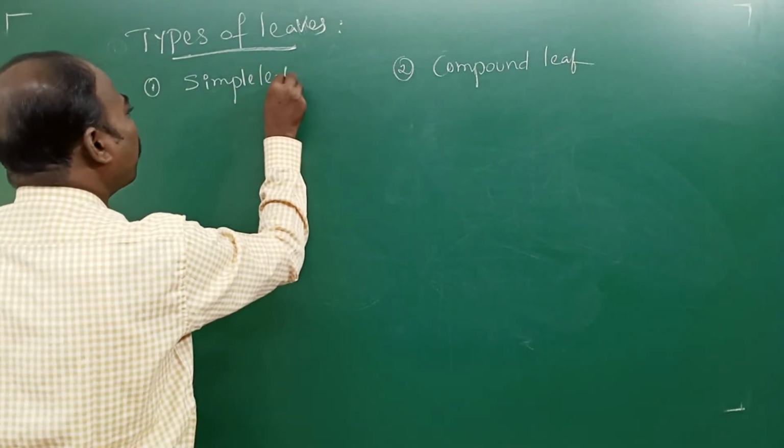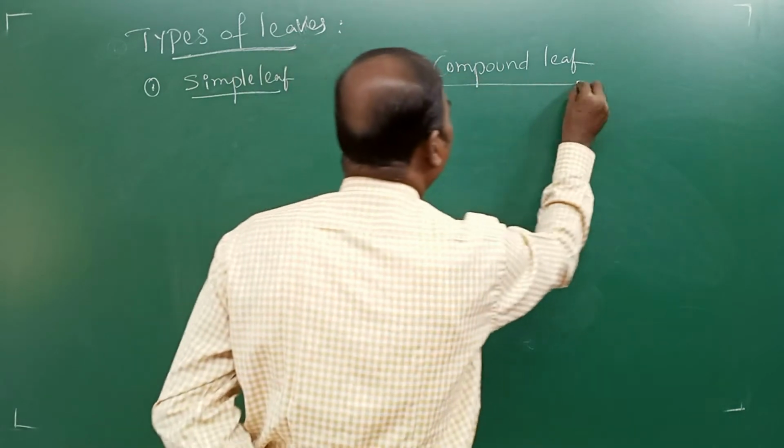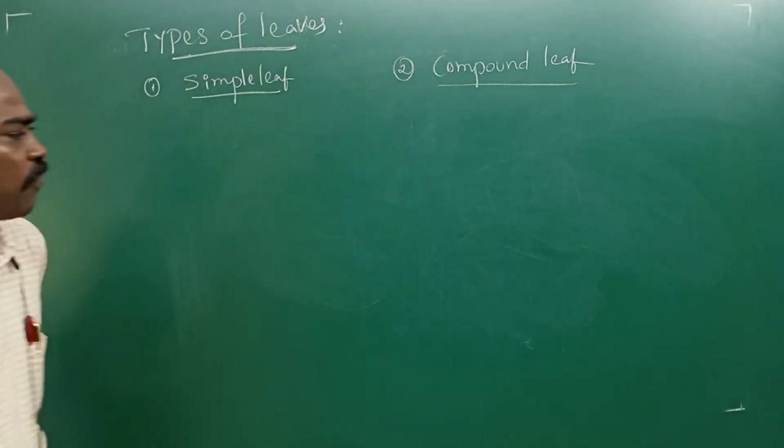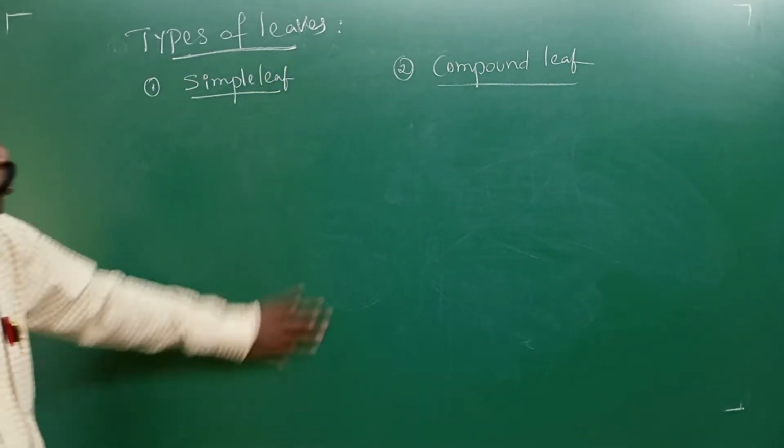Simple leaf and compound leaf are the two types of leaves found in different plants.